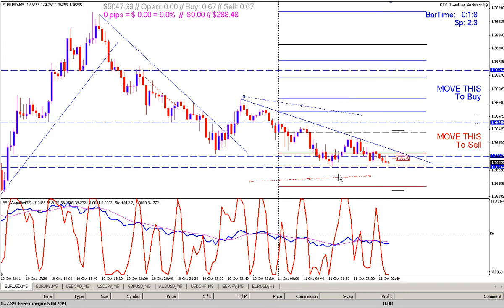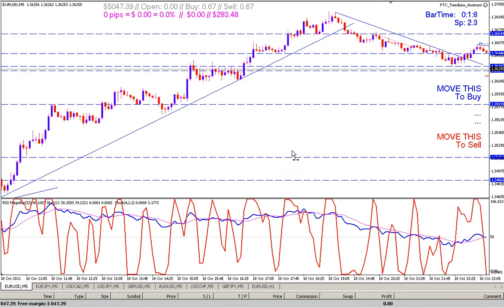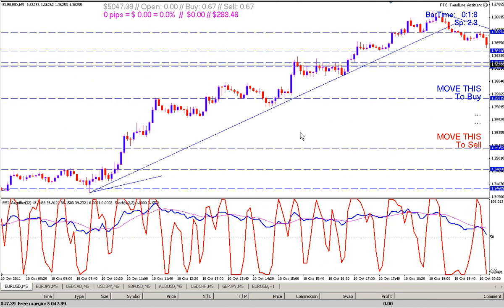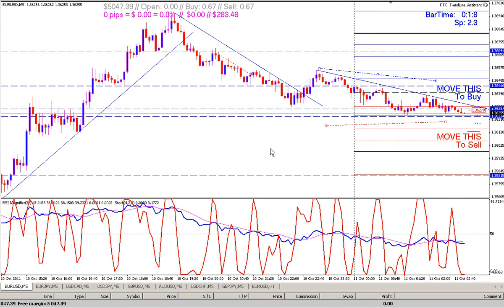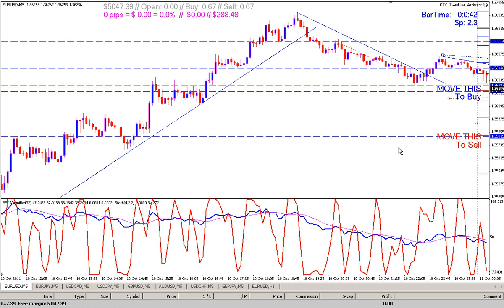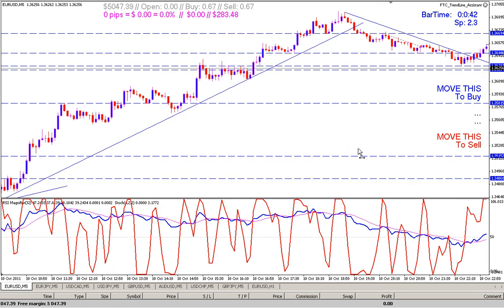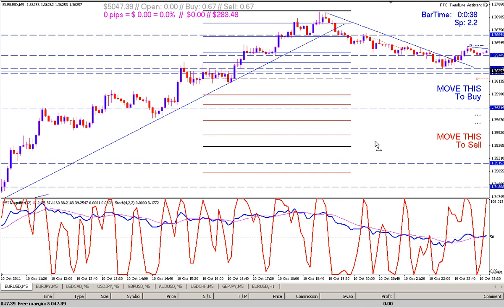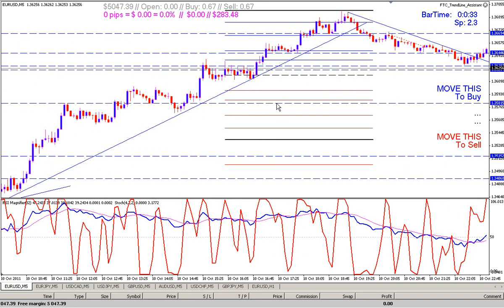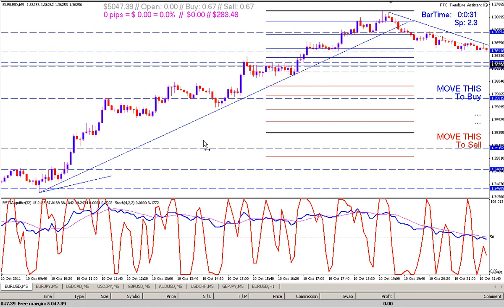What's kind of neat about it is you can go back through here and look at how it scrolls backwards in time.